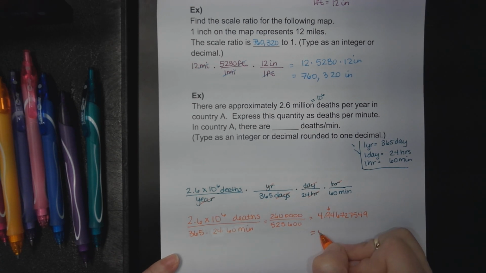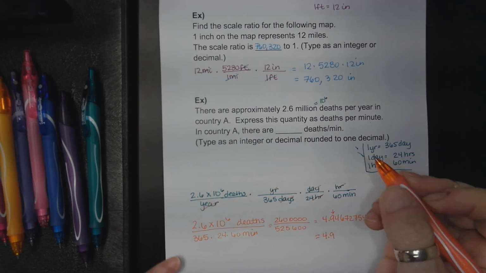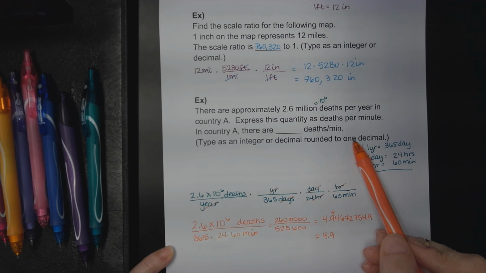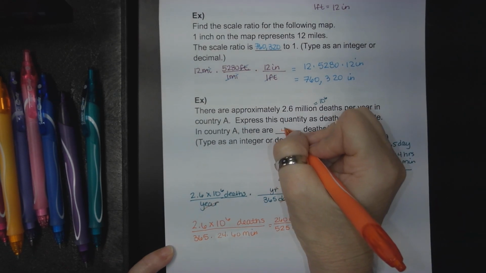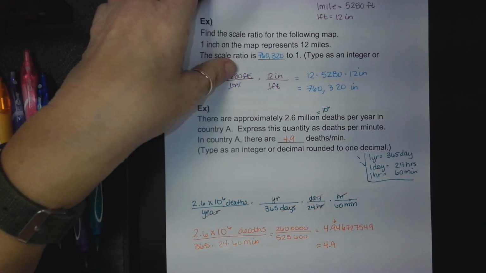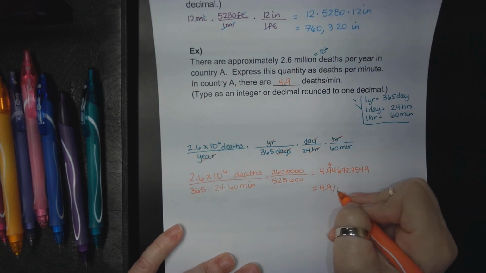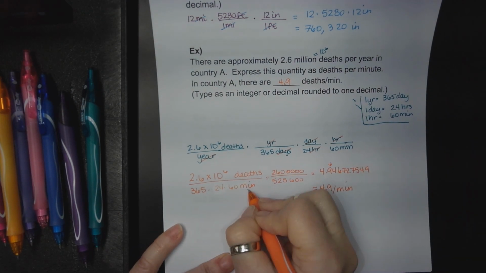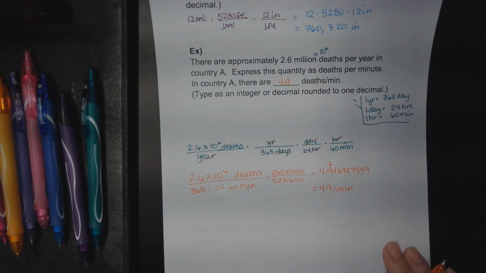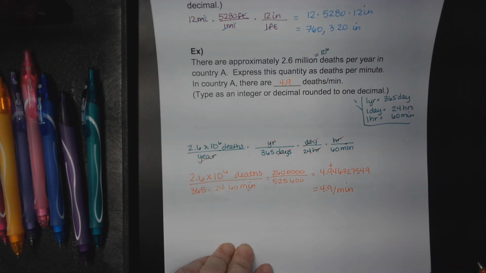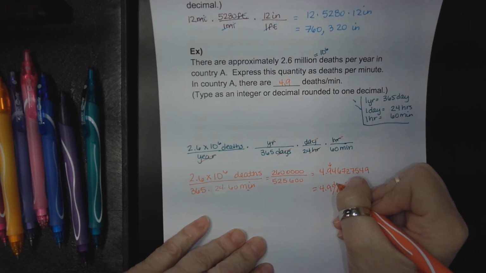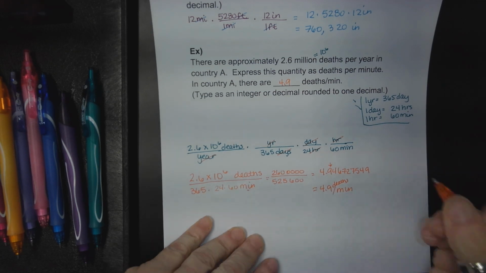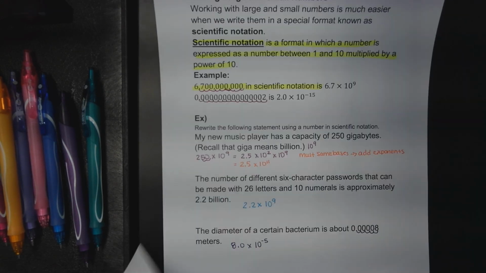So our approximation is going to be 4.9, right? 1 decimal. So there's 4.9 deaths per minute. That was our unit. Oh, I should have wrote deaths. Sorry, deaths per minute. There we go. Got carried away, forgot this.